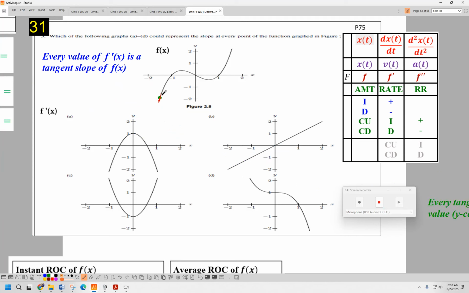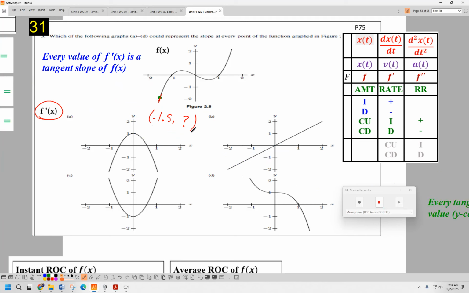That would mean that when I look at f prime, I have to find a corresponding point where the y value on f prime is also positive, because the y values of f prime are the slopes of f. So I look at this exact x coordinate. This looks to be about x equal negative 1.5 or so. It really doesn't matter what the y coordinate is. We don't really care. What we're looking at is the slope at that point.